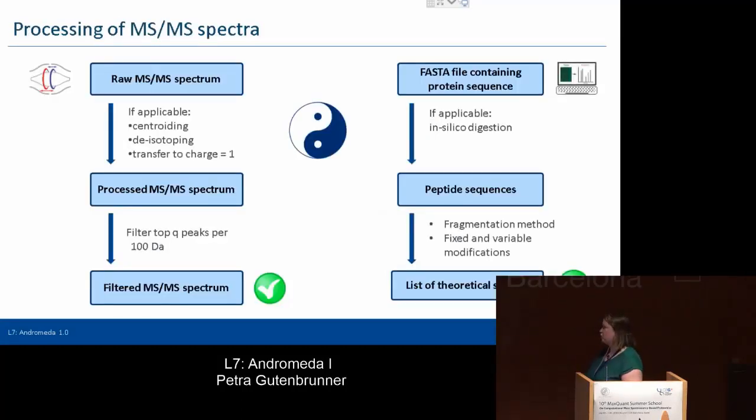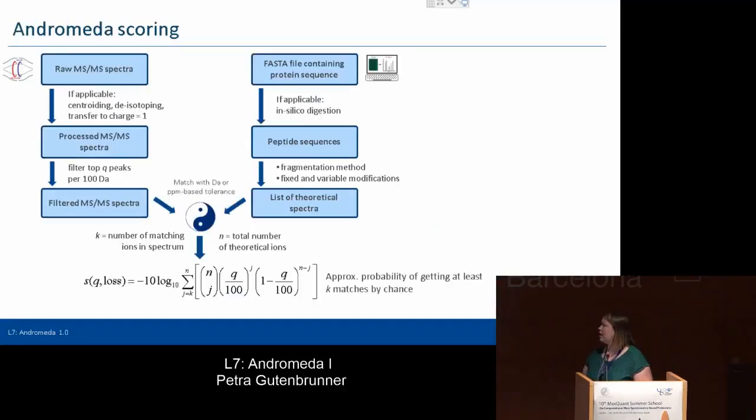Yeah, so we're done now with the second branch, and I think we are ready now to match those two spectra against each other, and let's look at how this works. Here we have the experimental spectra, here the theoretical spectra, and now we want to match them. Here we also define a tolerance for matching the peaks of these spectra.